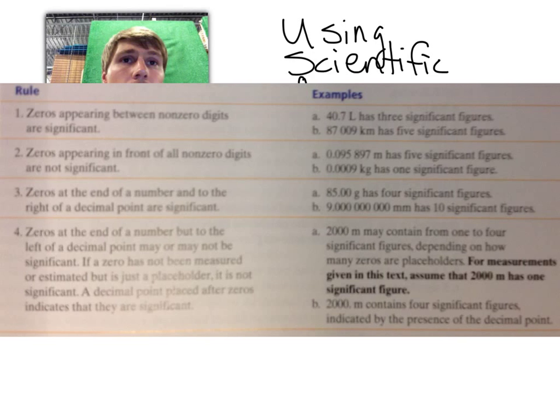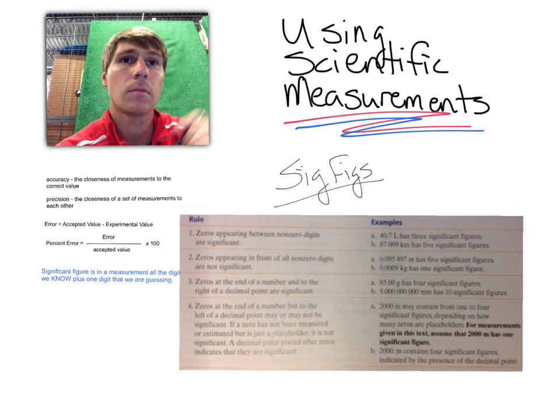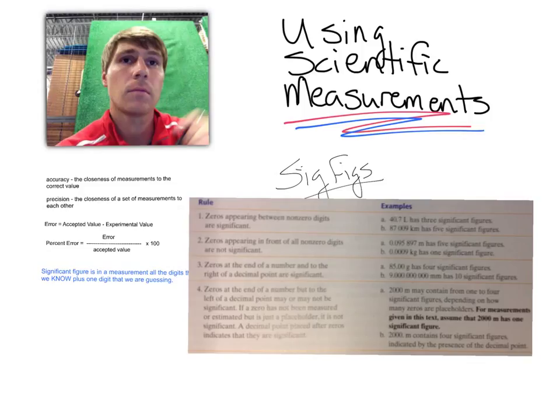Alright. Here is the chart that we want to use. I know this might be a little bit hard to read. What it's showing is that any zeros that appear between non-zero digits, those mean a big deal. So in the first two examples, notice how we have 40.7. All three of those mean something. Okay, that zero is important.